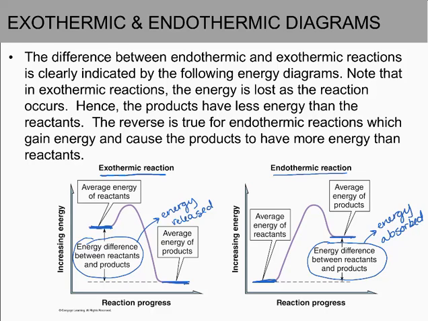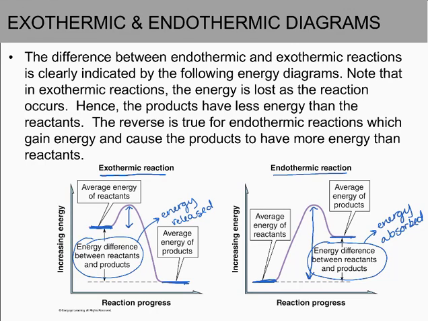So in our exothermic example, if we look at the difference between the top of that hill and the reactant energy, it's pretty small. The activation energy isn't so bad. But if we look at the endothermic reaction and take that same difference between the top of the hill and the reactants, that's a huge activation energy.